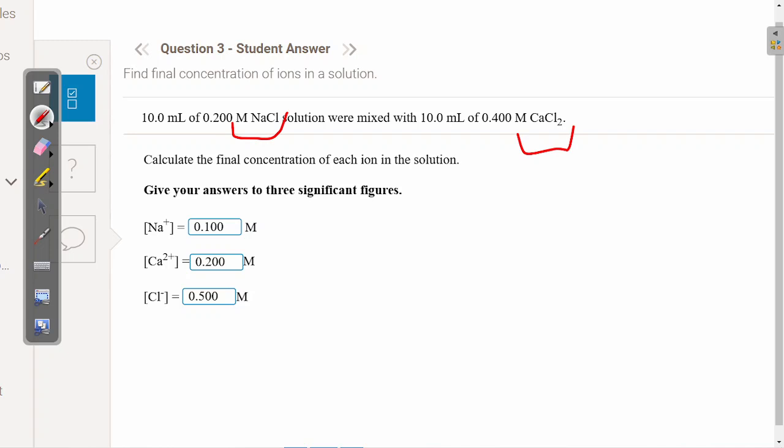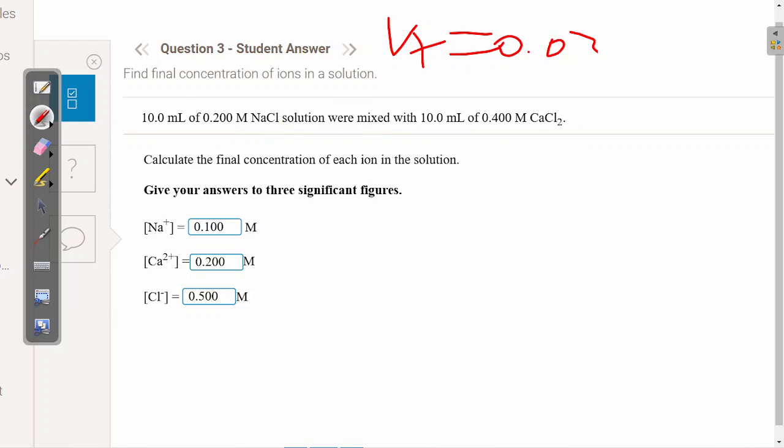Let's start with the easiest, the total volume. It's 10 plus 10, 20 milliliters. Divided by 1,000, it will be 0.02 liters. So let's write it down: V total equals 0.02.